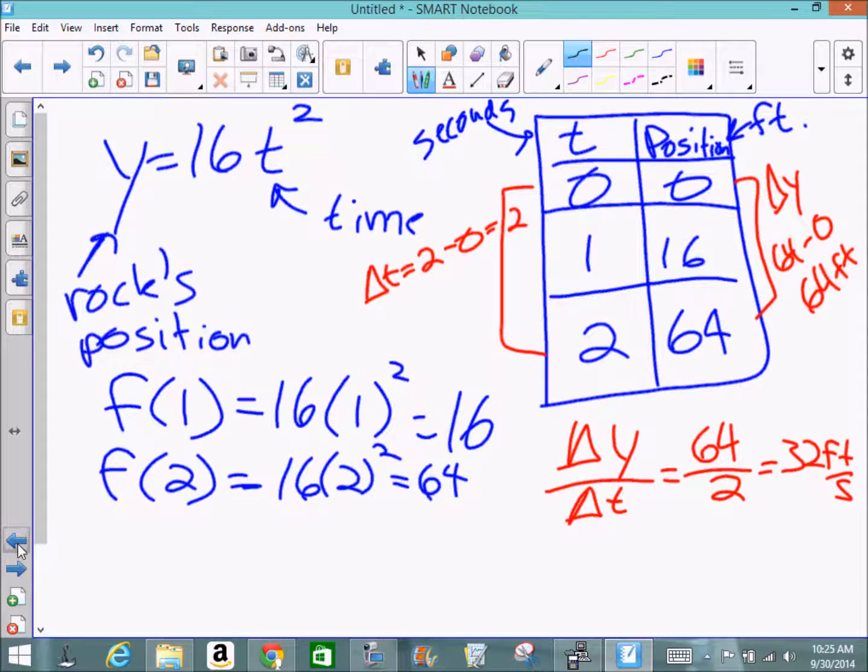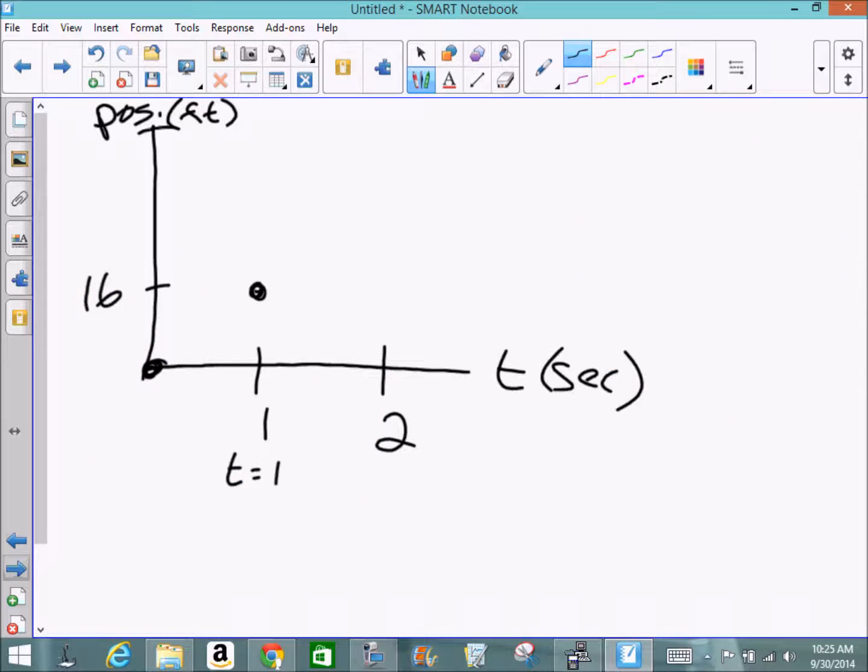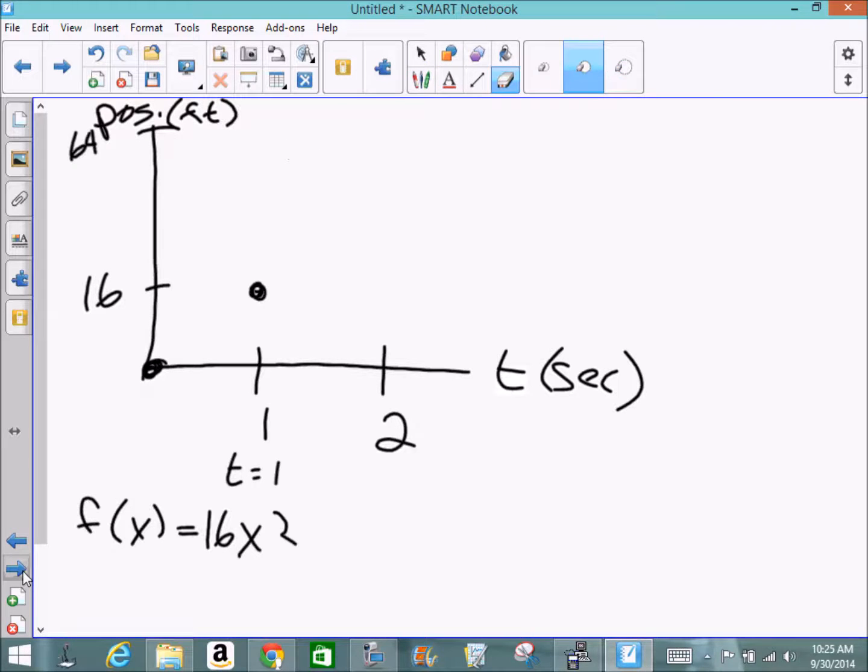So when t equals 1, if we look at our table of values, then y equals 16. If t equals 2, then y equals 64. And so f of x is equal to 16x squared if we were to plug this in our calculator. So when we go to graph this function, we know that it's a parabola.